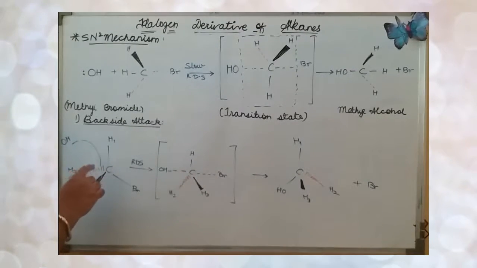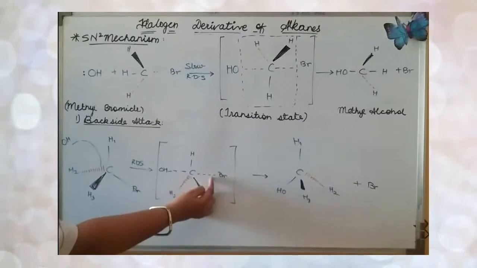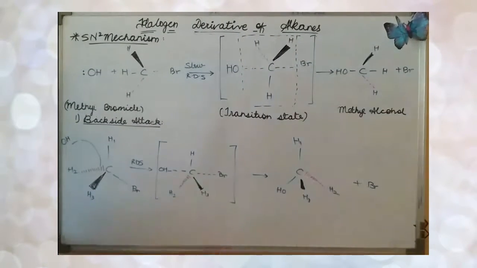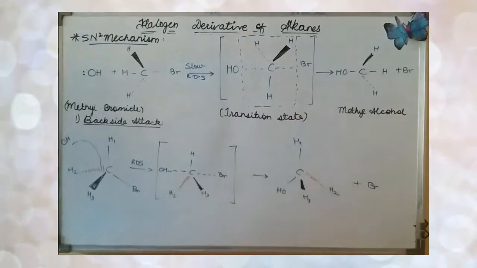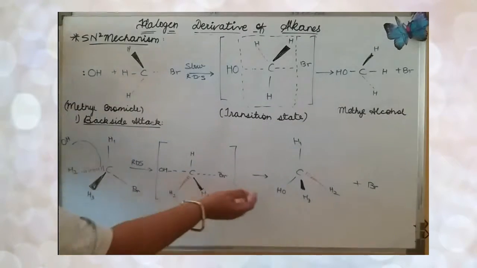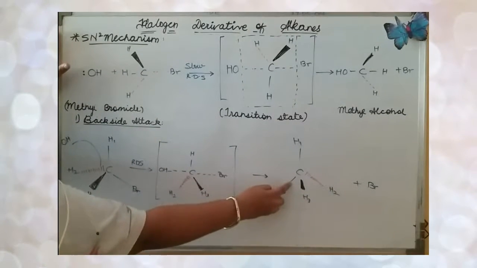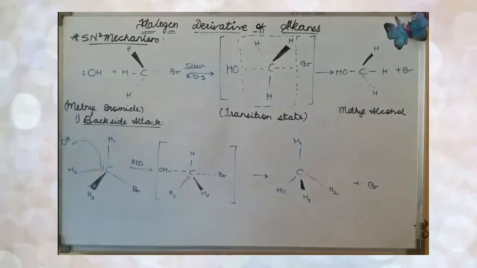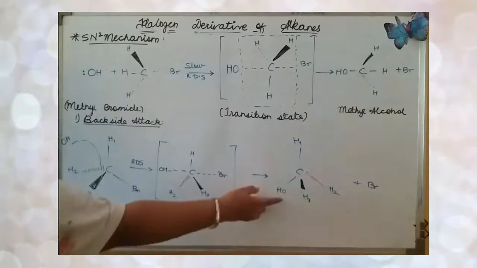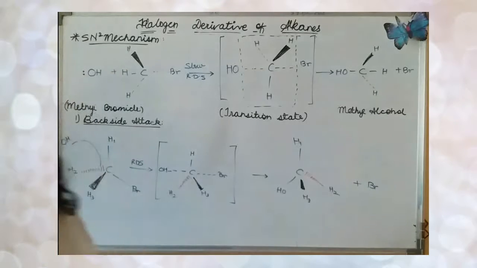The OH group will start forming a weak bond, and Br, which had a strong bond, this bond starts weakening. Also, at the last stage where there is formation of methyl alcohol, OH will form a very strong bond, Br will get removed, and the H atoms attached to C will be as they are, but there is only replacement of OH in place of Br. That is the only difference.